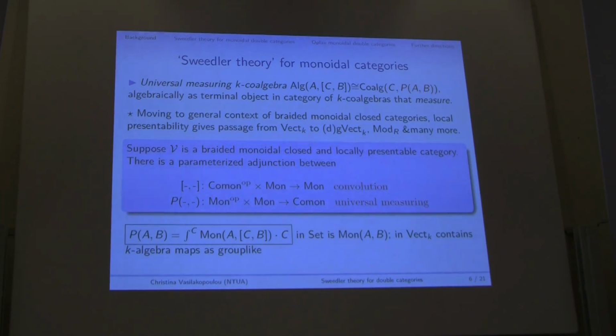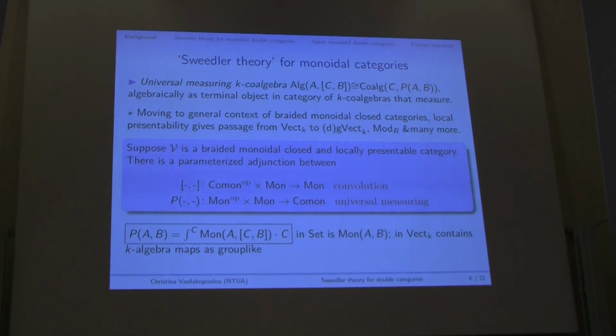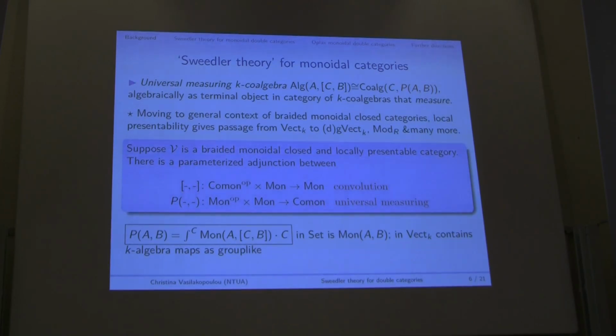And this point of view of saying that the universal measuring coalgebra is a generalization of K-algebra maps was heavily used 20 or 30 years ago by Batchelor to see some examples and some applications of universal measuring coalgebras in differential topology as an algebraic object.